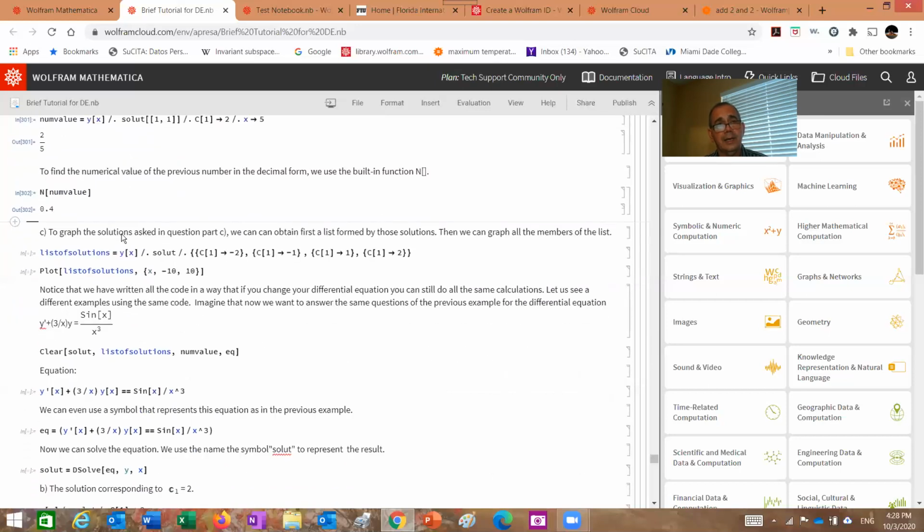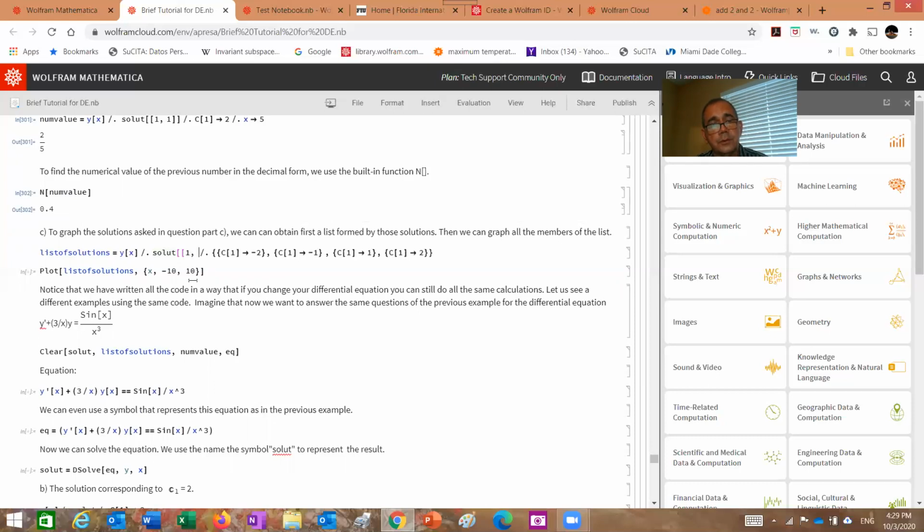Now if you want to graph the solutions that you found, as asked in the question part C, we can obtain first a list formed by those solutions. Then the list of solutions is going to be y of x, where you replace the y of x by solutions. Remember, solutions represents all the solutions.